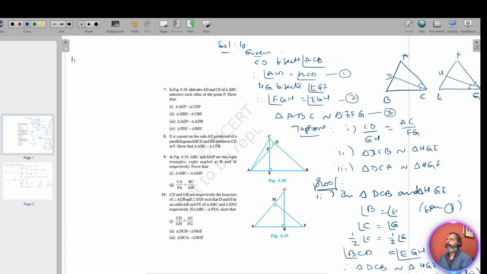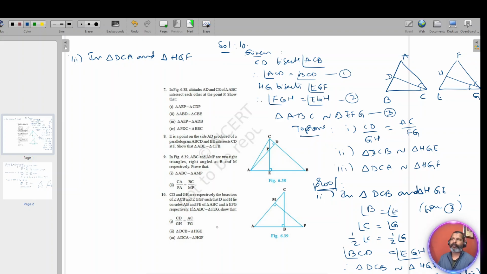We'll take the third one. In a similar way, I'm proving it in triangle DCA and triangle HGF, HGF, not E. Check out DCA and HGF.